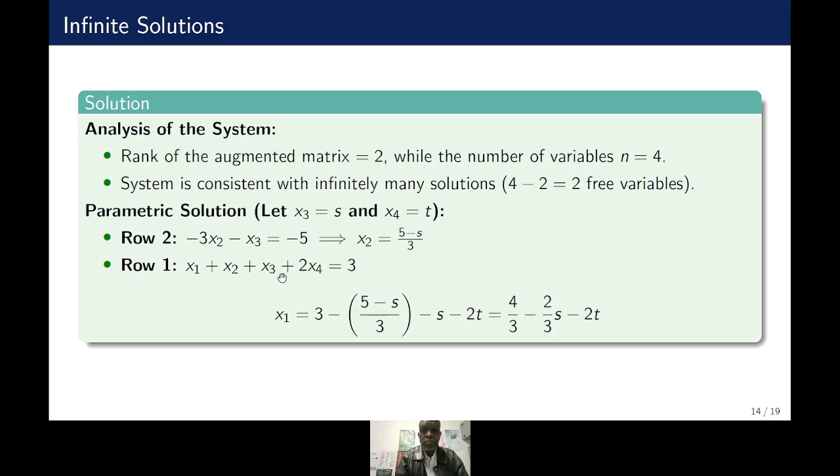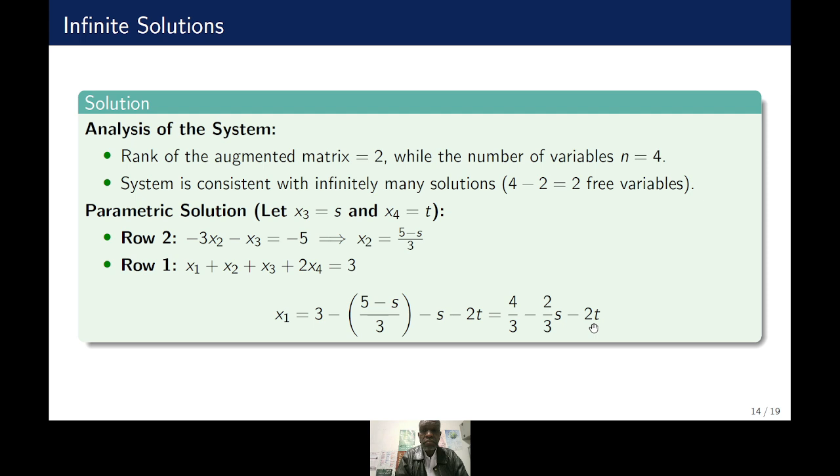Here we know x3 and x4, they are arbitrary, as we have fixed them as our 2 variables. So these last 2 we have, and x3 is given by this. So we can get x1 from those 3. And it will be minus 4 over 3 minus 2 over 3 s minus 2t. So that is your solution.